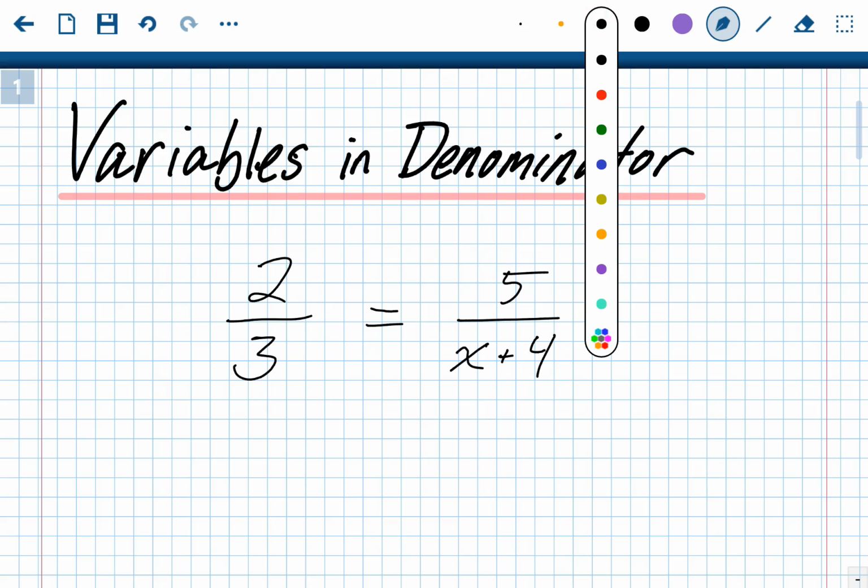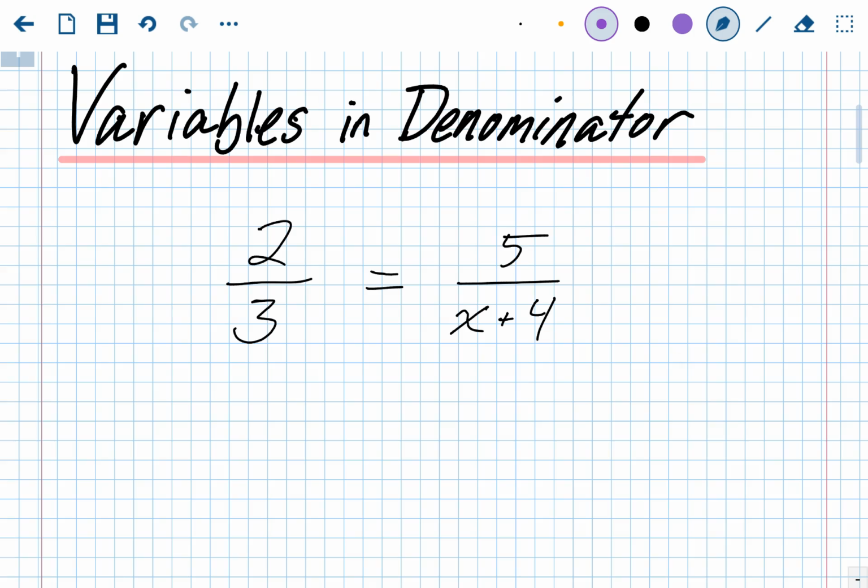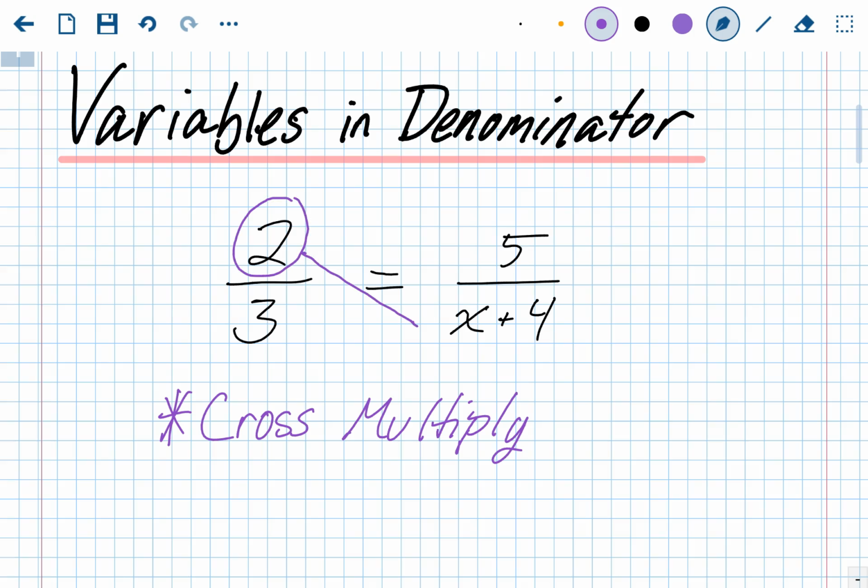How we're going to do that is we're going to use cross multiplication. When you cross multiply, you're taking the top of one of the fractions and multiplying it by the bottom of the other fraction.